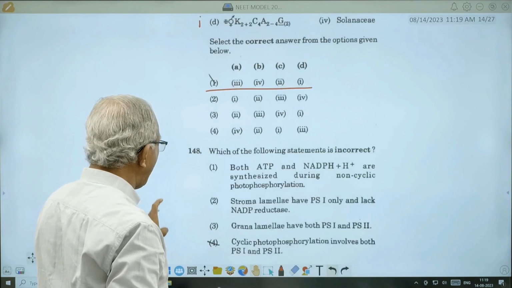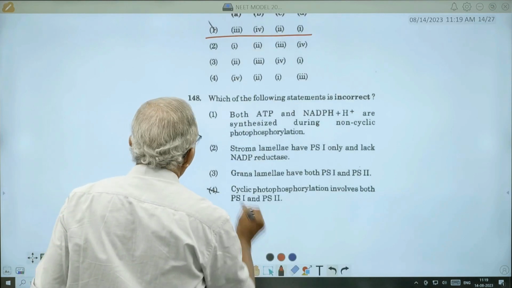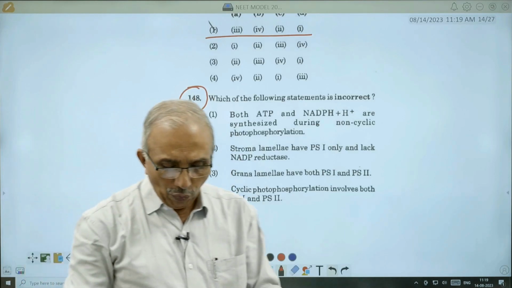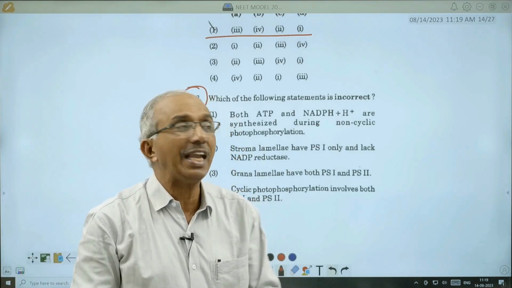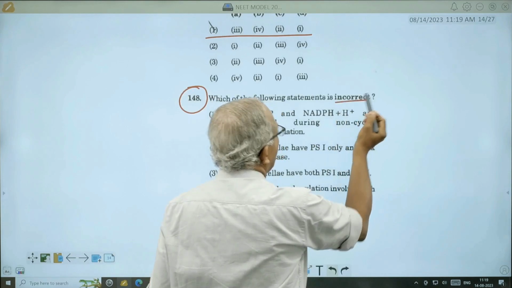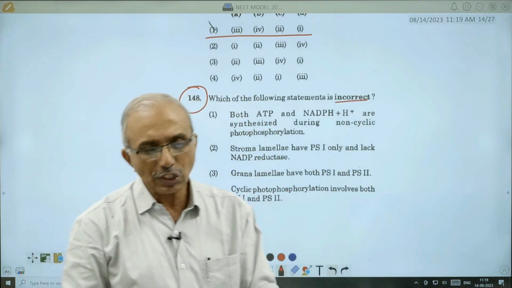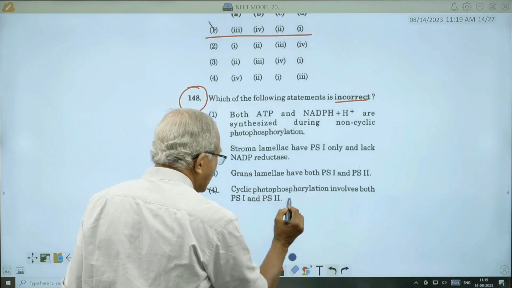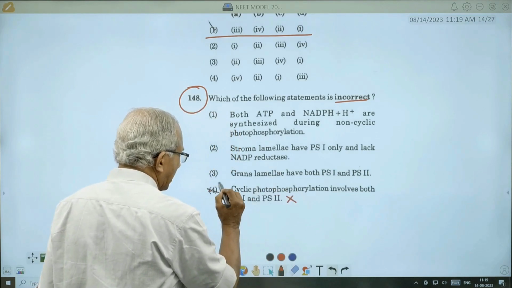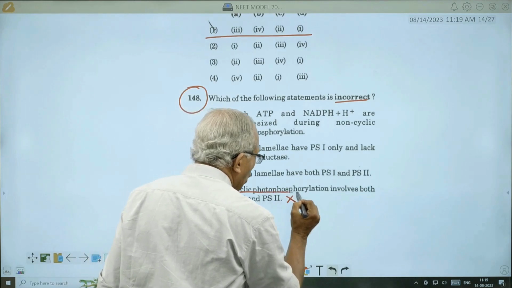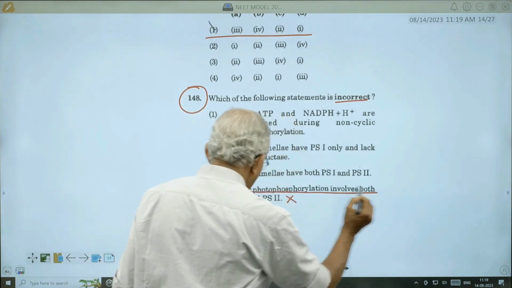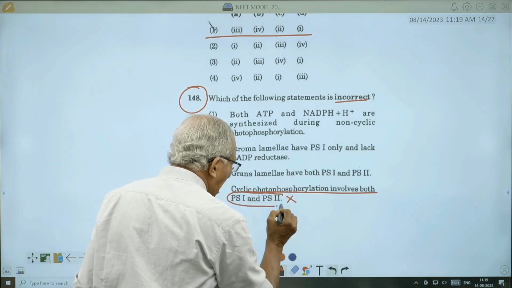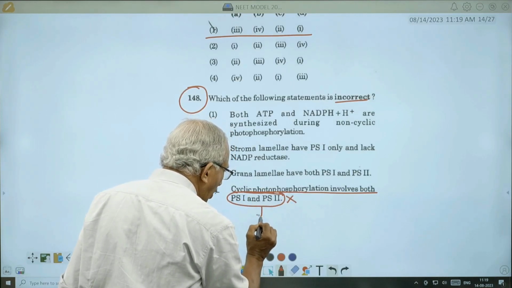Next question, 148. Which of the following statements is incorrect? Among the given, the fourth statement is incorrect. Cyclic photophosphorylation involves both PS1 and PS2 is wrong.